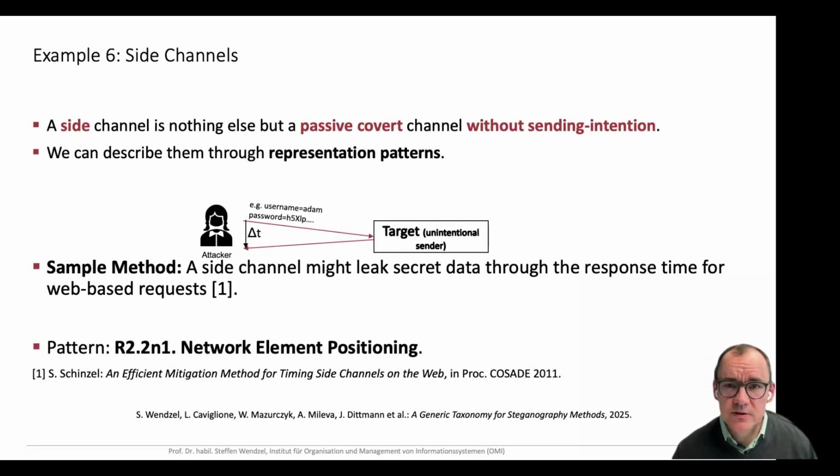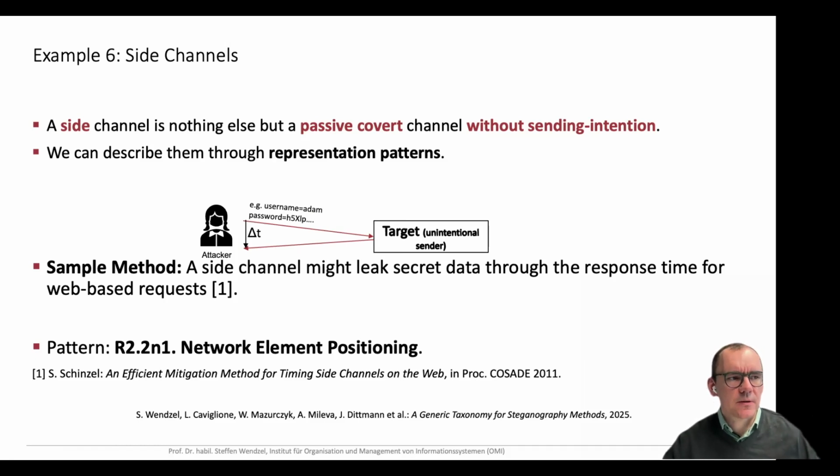However, I want to point out this also works for side channels and networks. For instance, a side channel described by Schinzel, where the response time of a target depends on the existence of a username. So I send my credentials, username so-and-so, password so-and-so. And if the username exists, the database needs to check whether the password also matches.